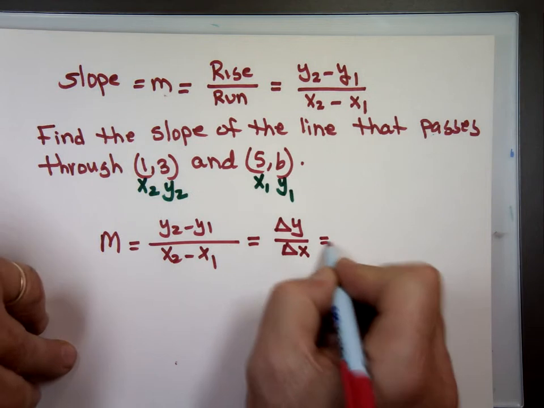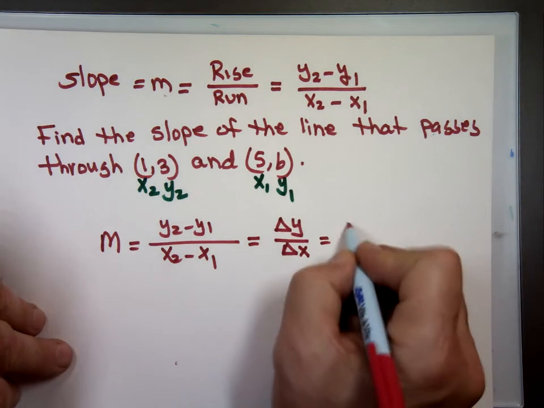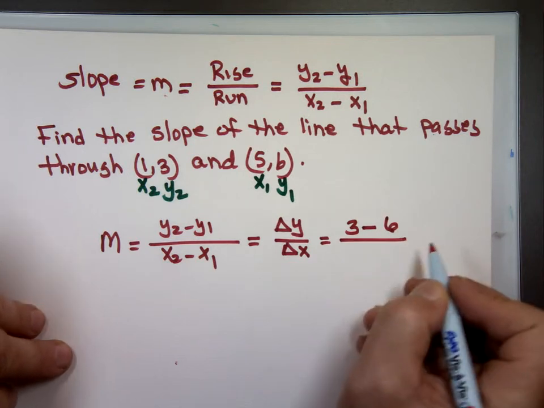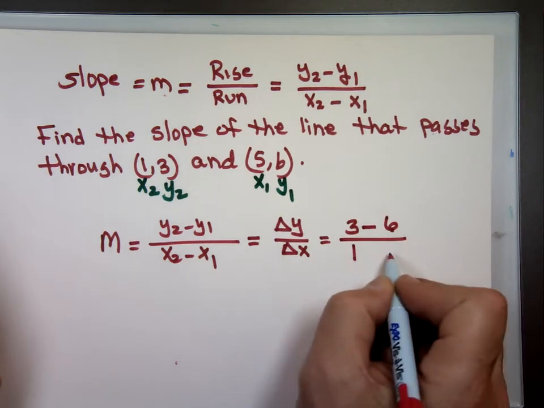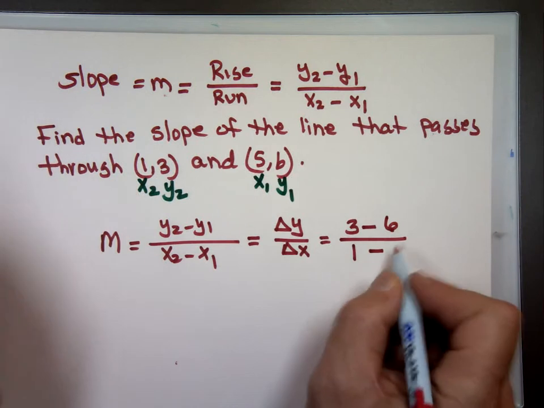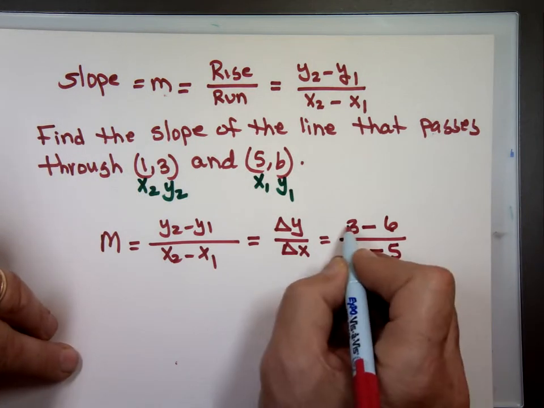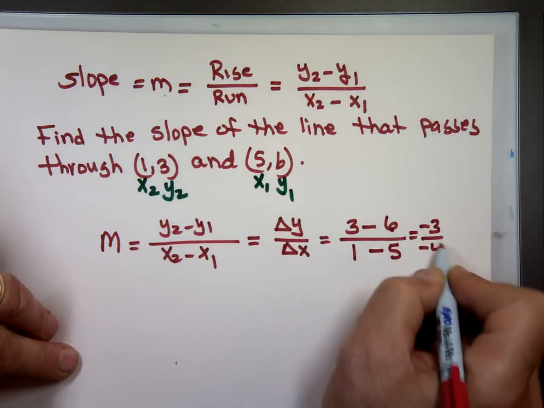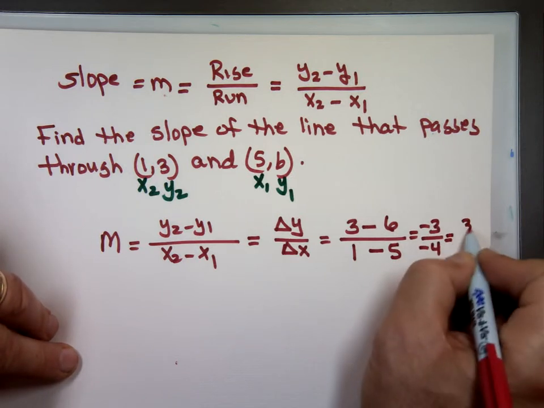So what is y sub 2? 3 minus what's y sub 1? 6. x sub 2, 1, minus x sub 1, which is 5. 3 minus 6, negative 3, over negative 4, negative over negative, positive 3 over 4.